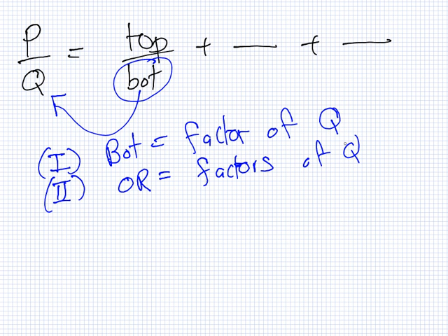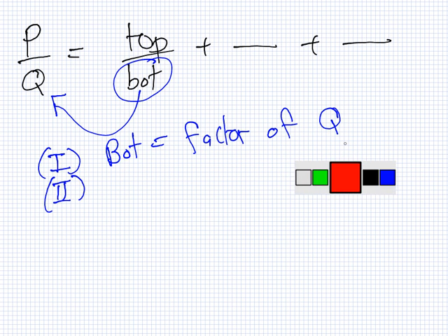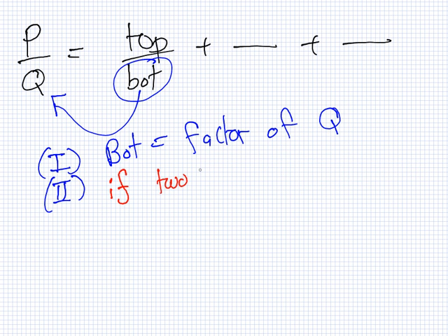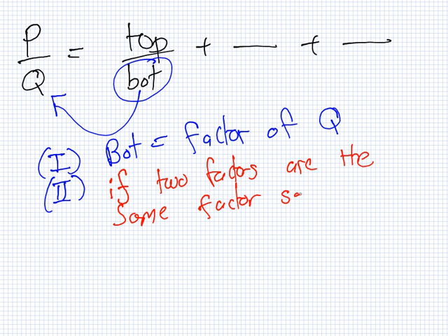Now this second rule, you only ever have to use it if, sorry, I'll be a bit clearer here. If two factors are the same, so for example, like what we're just doing here, x minus 5, you can still use x minus 5, but you can also use the factor squared.